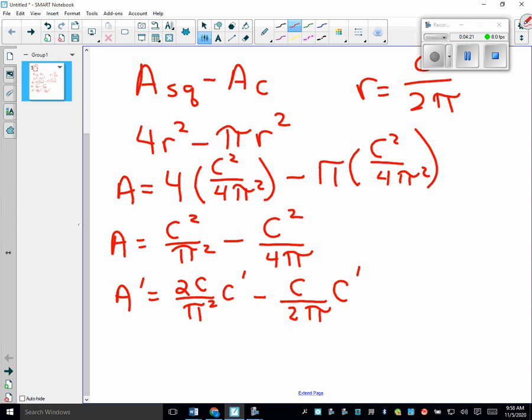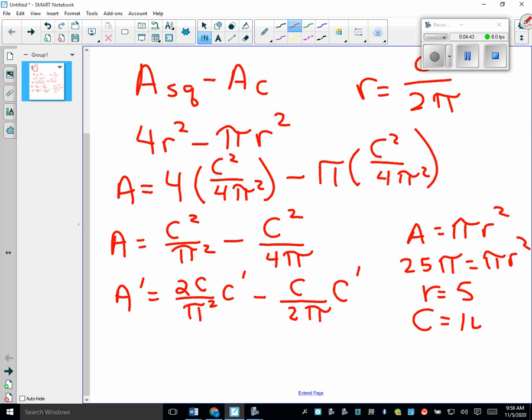Area is pi r squared, and area is 25 pi. So what is r? Take out the pi, it's 5. Okay. R is 5. So c must be what? 10 pi. C is the circumference. Okay. So I have c, I have c prime, I can find A prime, right? Yes.